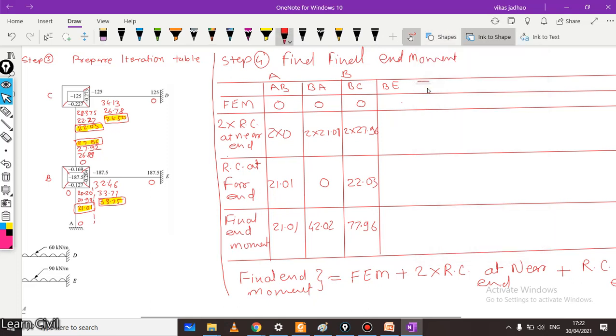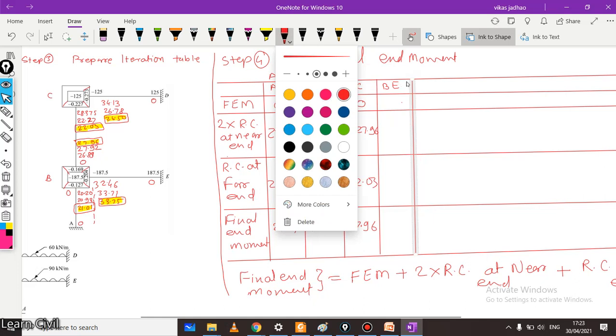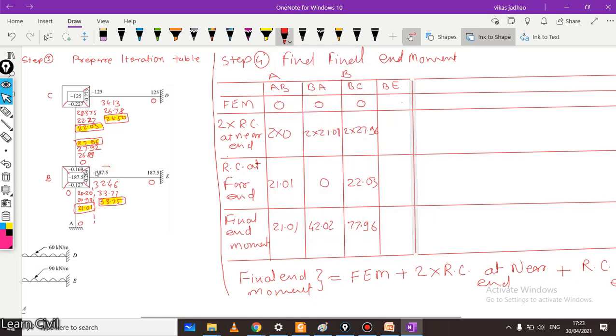And for member BE, again the fixed end moment, you can see here the fixed end moment for BE is minus 187.5. So write down here minus 187.5. 2 into rotation contribution at near end, for BE rotation contribution at near end is 33.75.